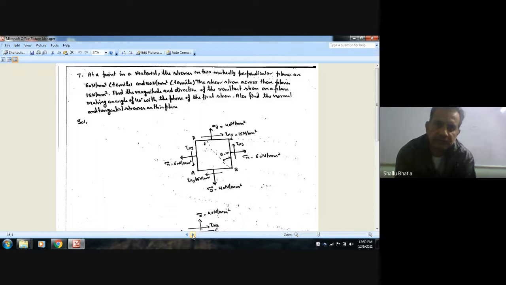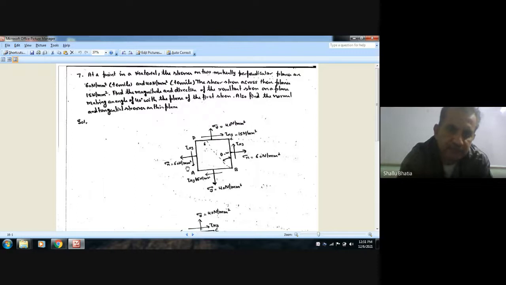The shear stress across these planes is 15 Newton per mm square. Find the magnitude and direction of the resultant stress on a plane making an angle of 40 degrees with the plane of the first stress. Also find the normal and tangential stresses on this plane.